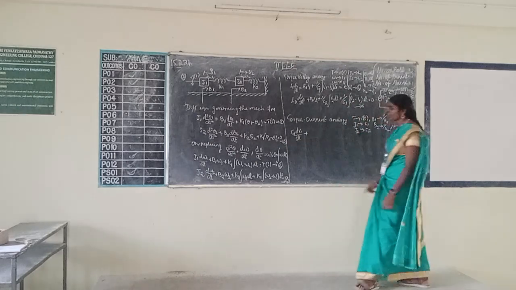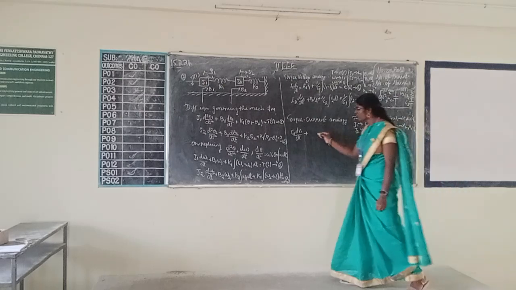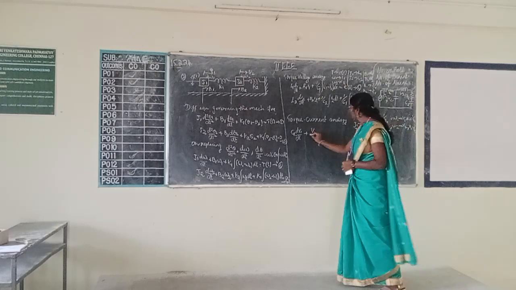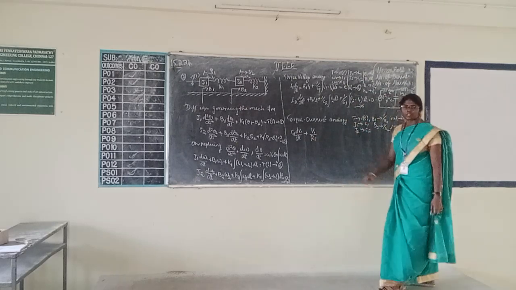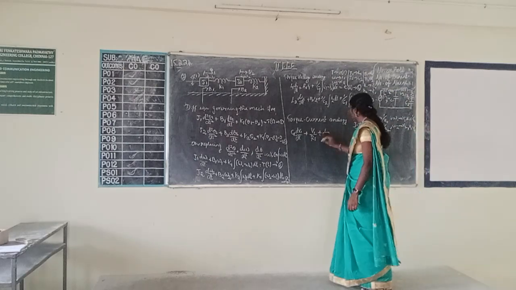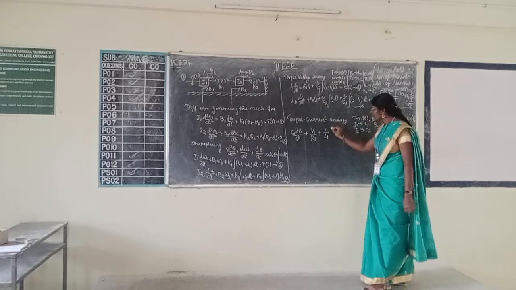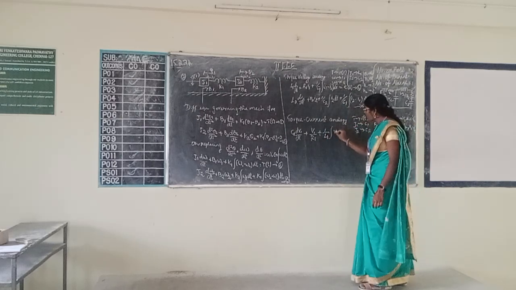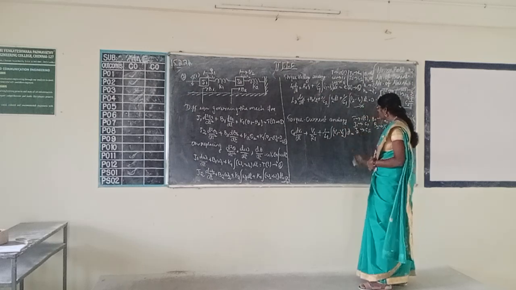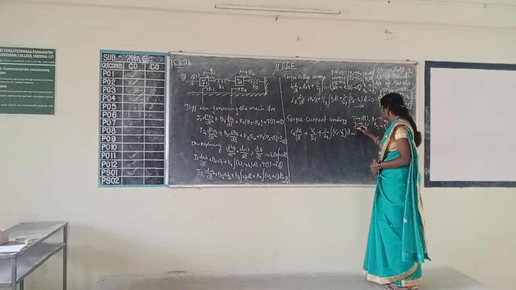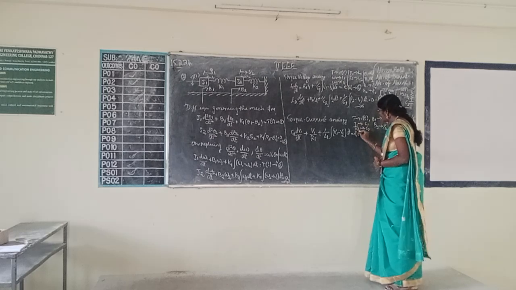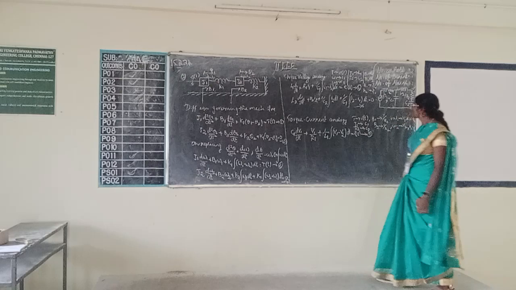So V1 by R1. Next, for K1 it is 1 by L1, integral of (V1 minus V2) dt, is equal to the current I of t. This is equation number 7.